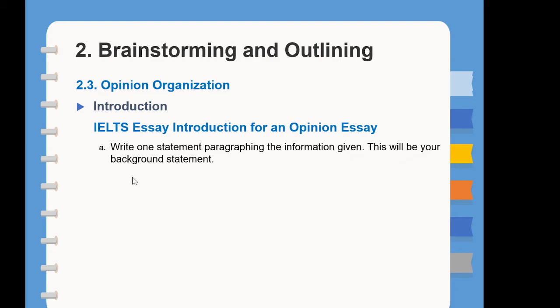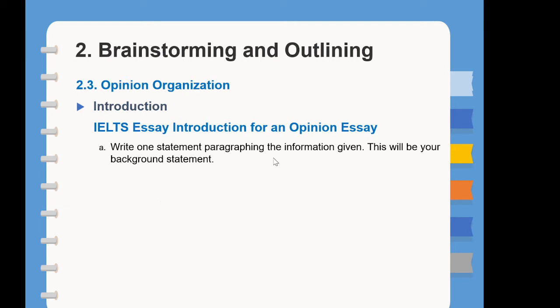So this means that you don't have to have any other hook. You just start by writing the background information directly. And how do you write that background information? You just paraphrase the information given, or the topic given, or what we call the controversial issues for discussing.